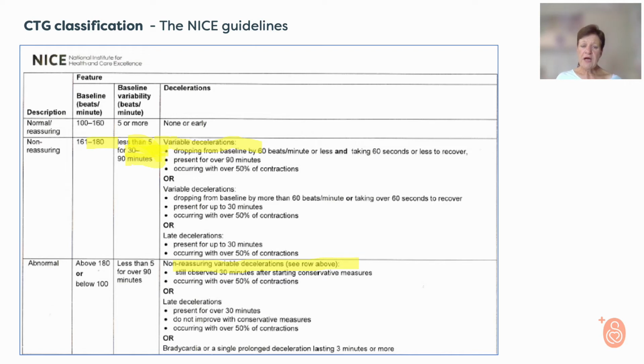And occurring with over 50% of our contractions, I would say we are less than 50% also on this little piece of paper that we have, but I would say more or less we fall into this category. And if we now have initiated some resuscitation measures and it doesn't work and it becomes more pathologic, we might move into this pathological column.